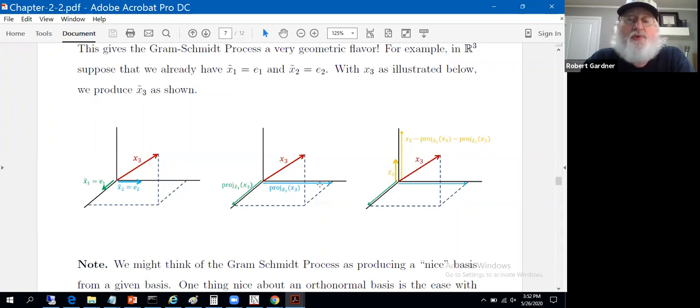That'll produce this blue vector here. And what's missing is an orange vertical vector. Now, if I take the green vector and the blue vector and the orange vector, mutually perpendicular, and add them together, that'll give the x sub 3 vector. Parallelogram law of addition with 3 vectors. I draw a box instead of a parallelogram maybe.